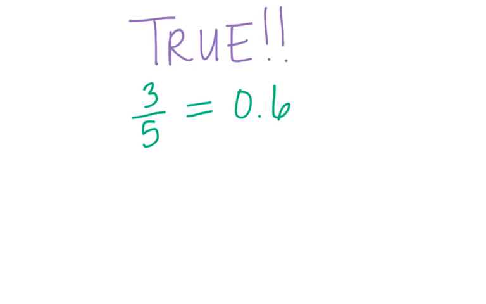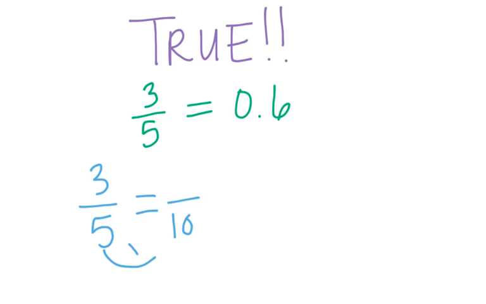It is true, and I'm going to show you how. Hopefully you already figured that out on your own, either in your head or you wrote something down to determine whether that fraction and that decimal are equivalent. So I'm going to show you how I would do it. 3/5. I first want to change that to tenths or hundredths, but I like tenths.